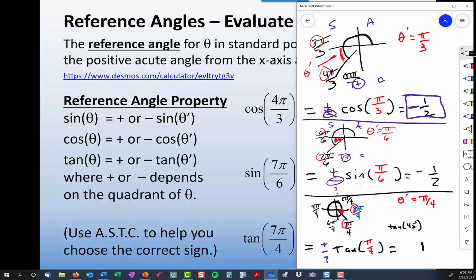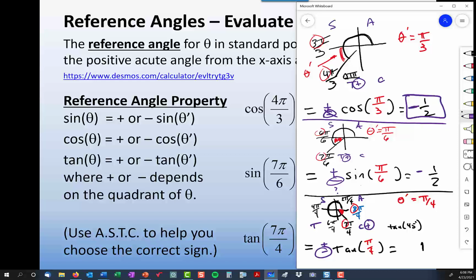But is it positive or negative? Well, let's go back to the quadrants here. A smart trig class. We are in quadrant 4 and cosine is positive in quadrant 4. So we can deduce on this problem that the tangent must be a negative number.